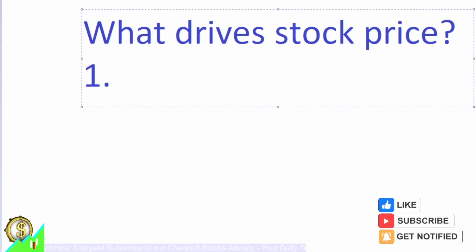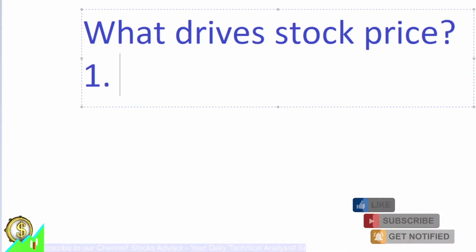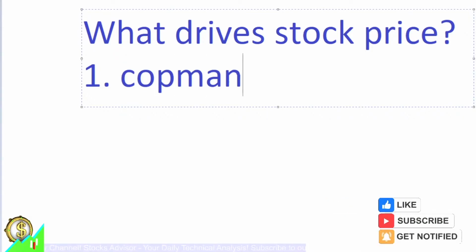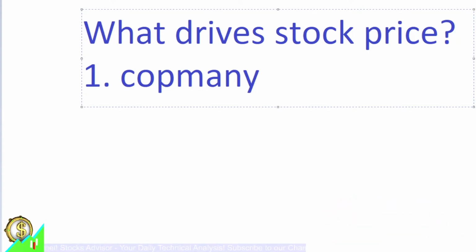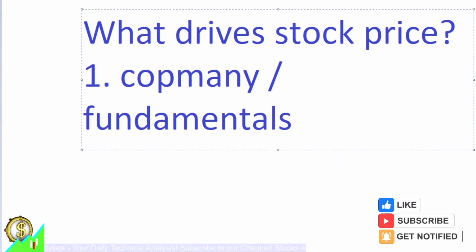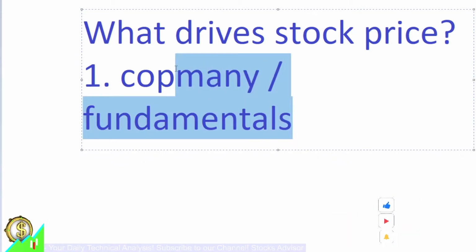It's nothing new, it's known, but just to let you know why is it important and why we take it into account. So first of all, when we're talking about companies, it's the company and its fundamentals. These are the things that in general are known.